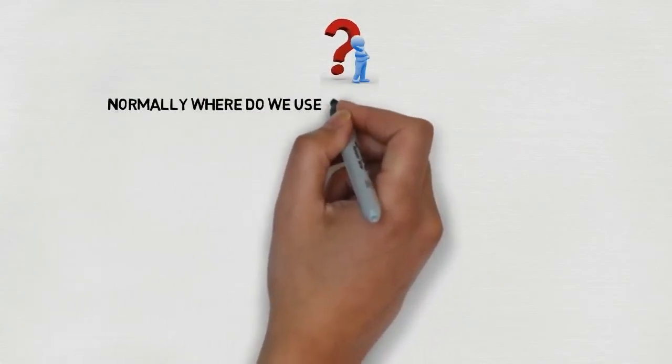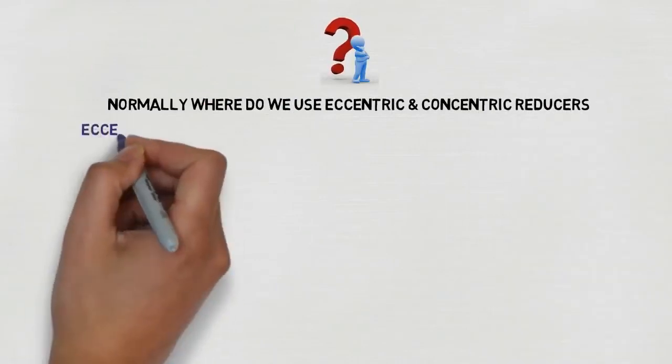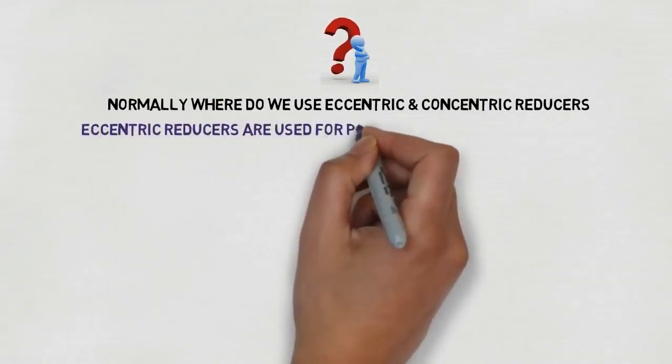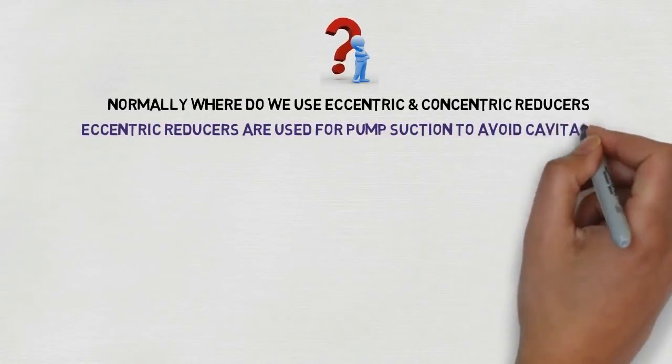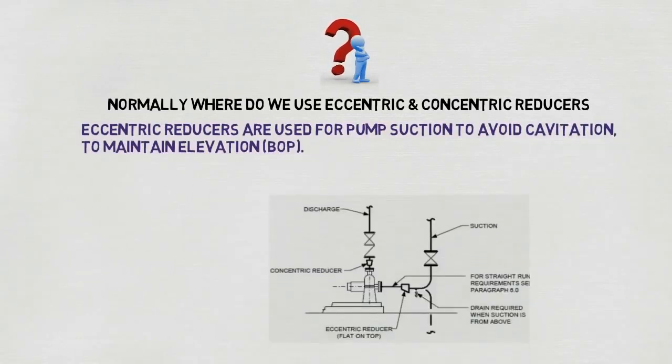Normally, where do we use eccentric and concentric reducers? Eccentric reducers are used for pump suction to avoid cavitation and to maintain elevation, BOP, which is bottom of pipe.